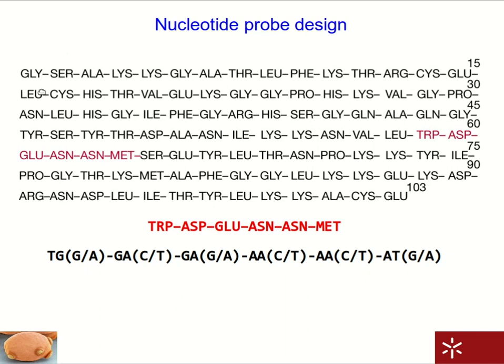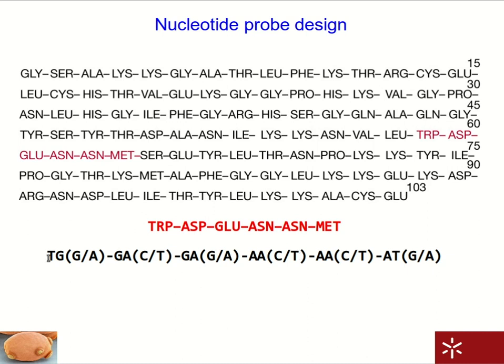If we have amino acid sequence information like the one we have here in the picture, if possible, we should choose stretches of amino acids for which there are only 2 codons. There are up to 4 codons for some amino acids. In this case, we chose the Trp, Asp, Glu, Asn, Met sequence here.